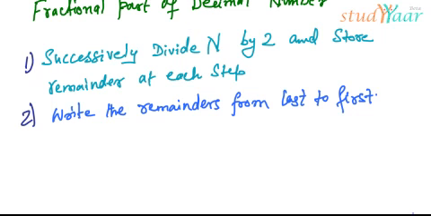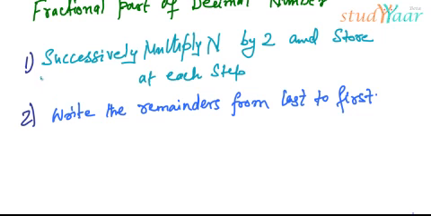This is going to be modified as successively multiply n by 2 and store fractions at each step.